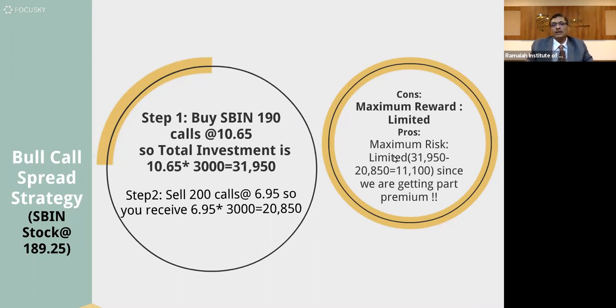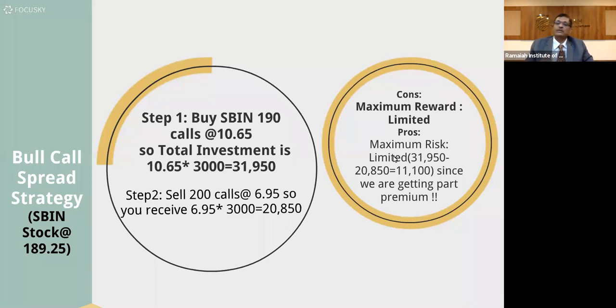Compared to long call, my risk is limited, but my reward is also limited. I will not get as much as what I got. Possibly I'll get a reward of about 200%. The reward would be because I bought the call at 190 at 10.65 rupees, and the market closes at 200 rupees.